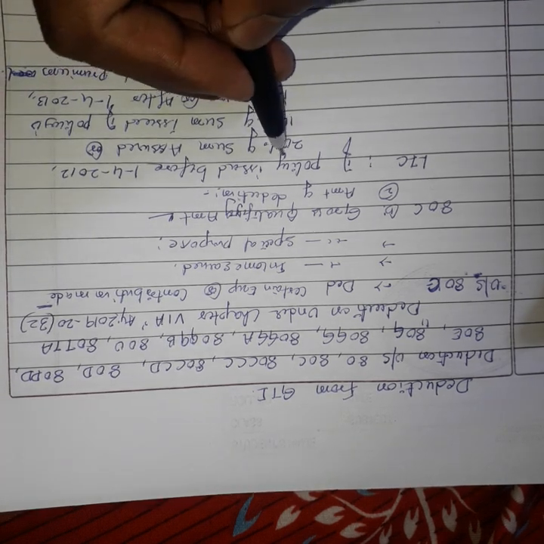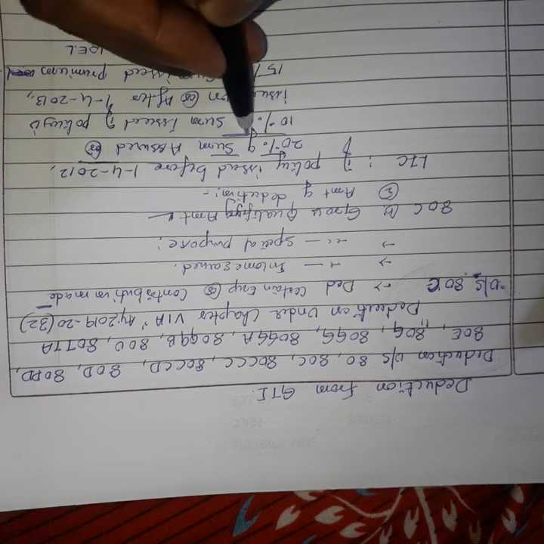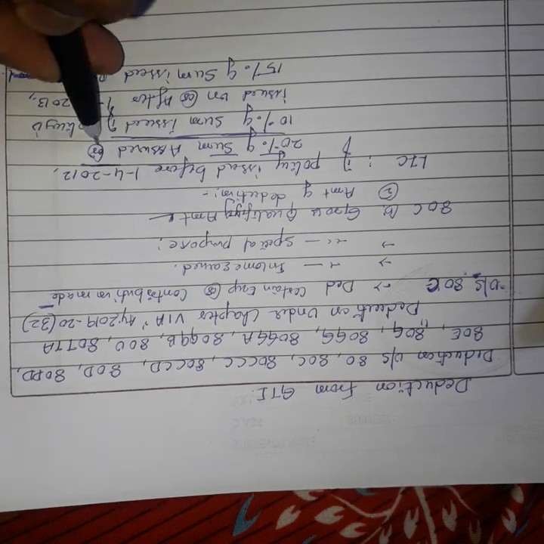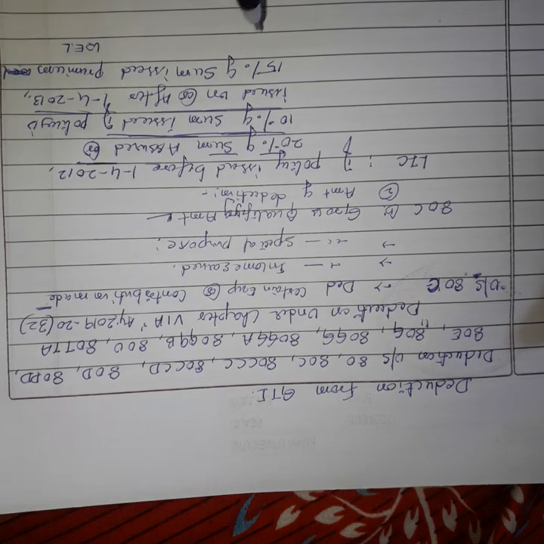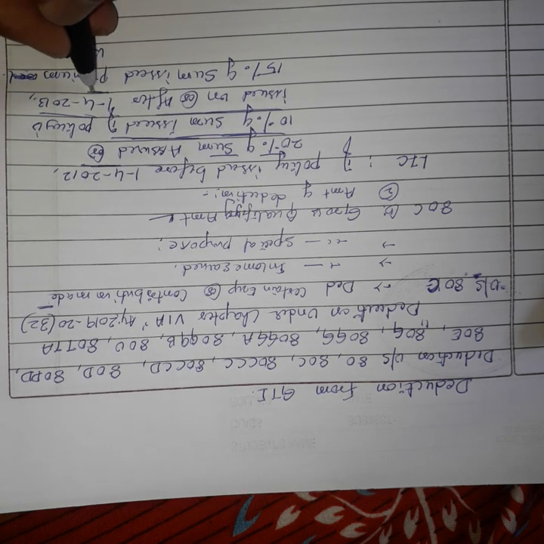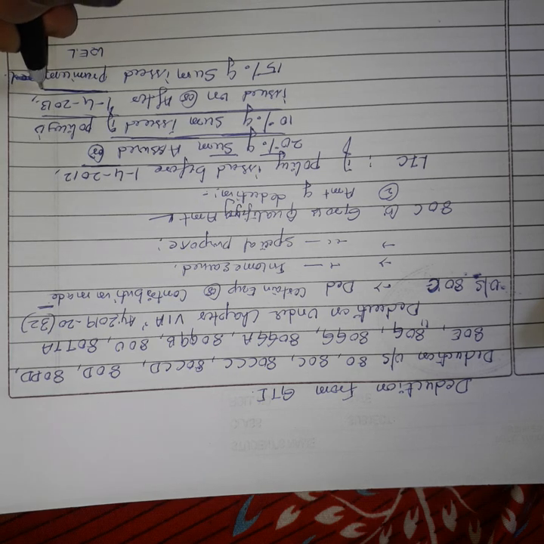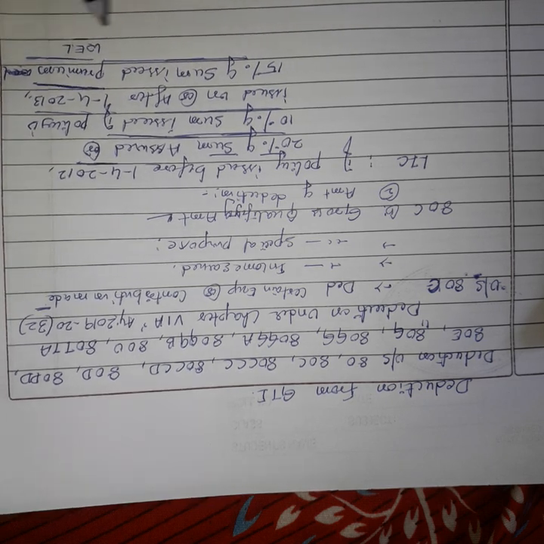See, if the policy is issued before 1/4/2012, 20% of sum assured or 10% of sum assured of the policy. If the policy is issued after 1/4/2013, 15% of sum assured or premium, whichever is lower.